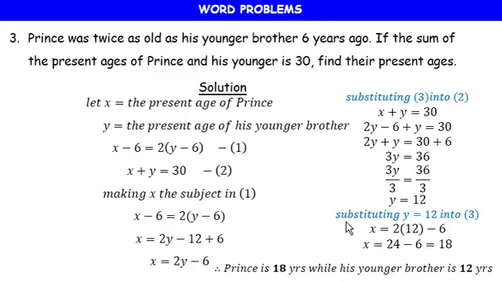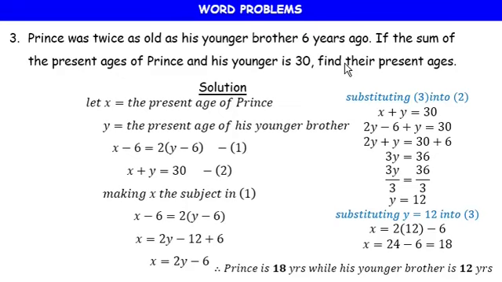But with word problems, you don't end at just finding the value of the two unknown variables. Afterwards, you are going to state that the age of Prince is 18 and the age of his younger brother is 12, because the question didn't ask you to find the value of X and Y. In fact, the X and Y came from you, right?